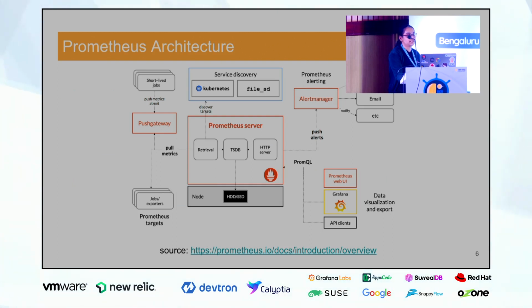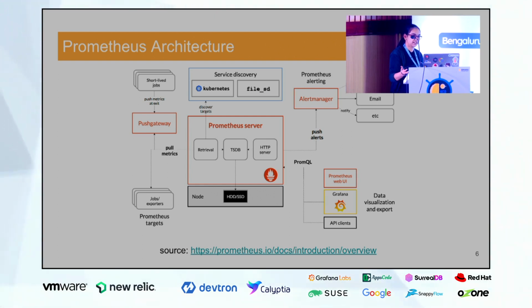So this is the system architecture of Prometheus. In the center you can see the Prometheus server, which collects the metrics from the targets you have defined in the configuration. It could be static targets or it could be dynamic targets like the services or pods in Kubernetes. All the data will be stored in the Prometheus TSDB, and which will later be evaluated for alerts.